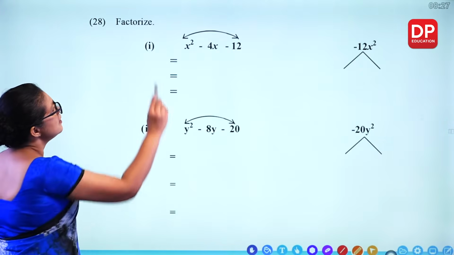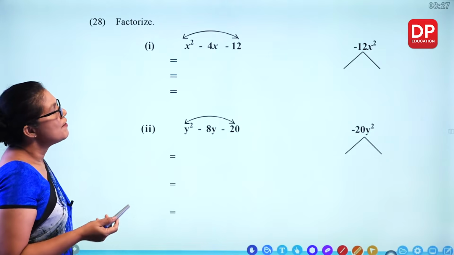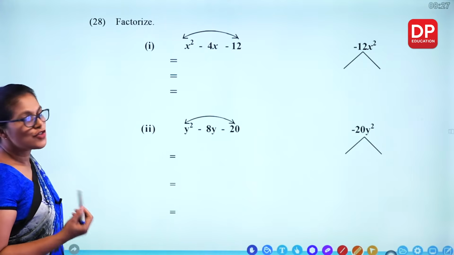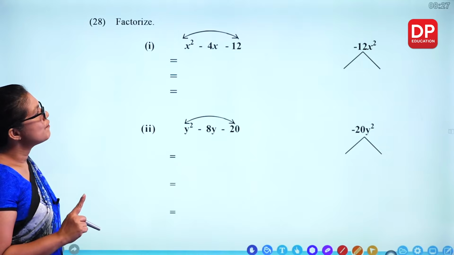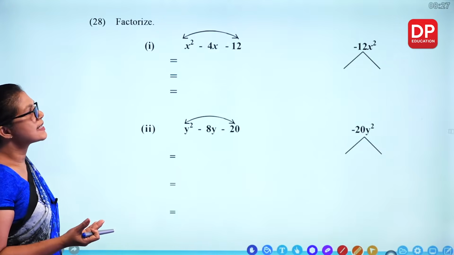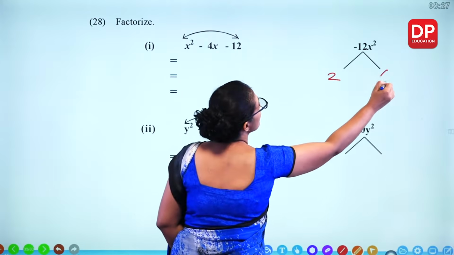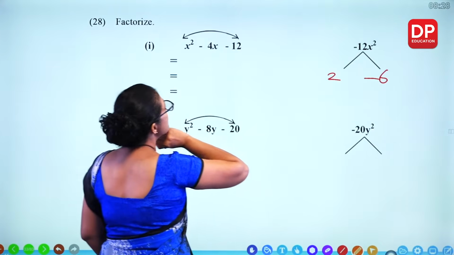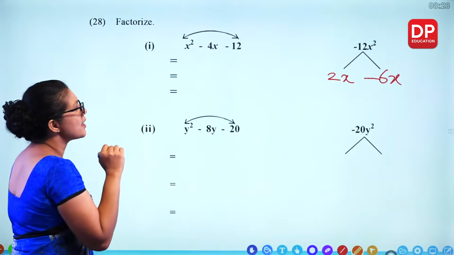Now we'll use that one to factorize. Now straight away we'll try to find out the factors without writing all. Minus 12. Factors of 12 to get 4. 1, 12, 2, 6. 2, 6, you get 4. Middle term is negative means bigger number should be negative. This is 6x and minus 6x and 2x.